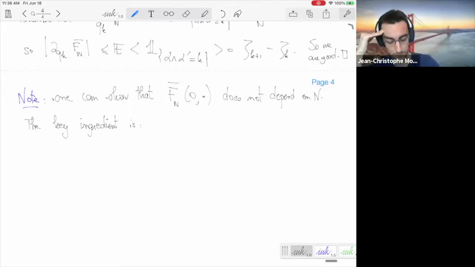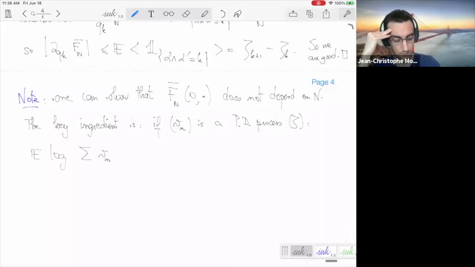So if, let's say, Vn is just a Poisson-Dirichlet process with parameter zeta, then we have this expectation of log sum of Vn xn, where xn are IID random variables, independent of the V. This is equal to 1 over zeta log of expectation of x1.